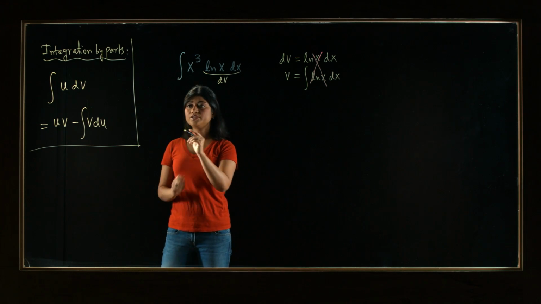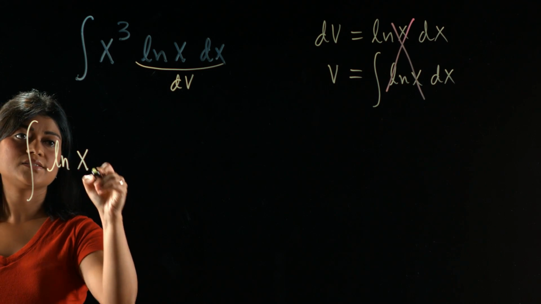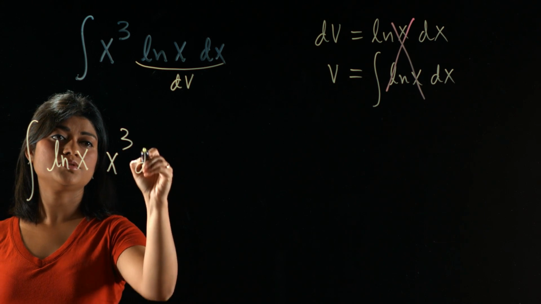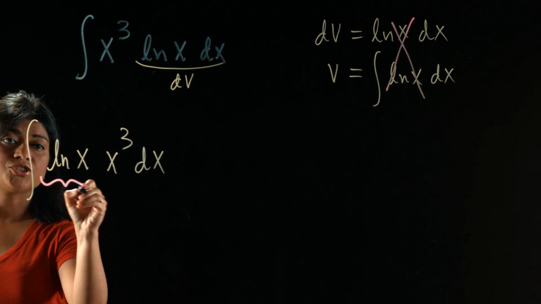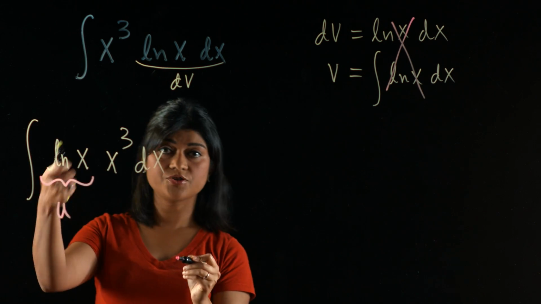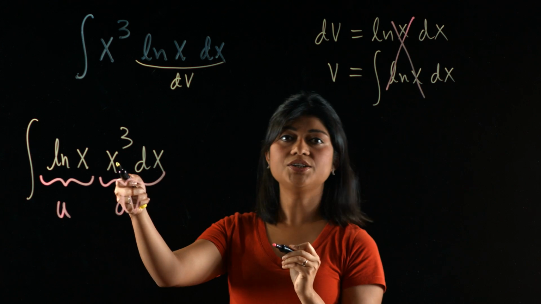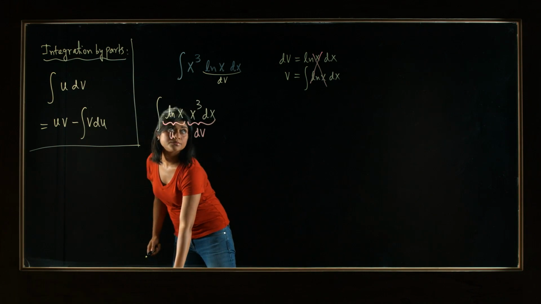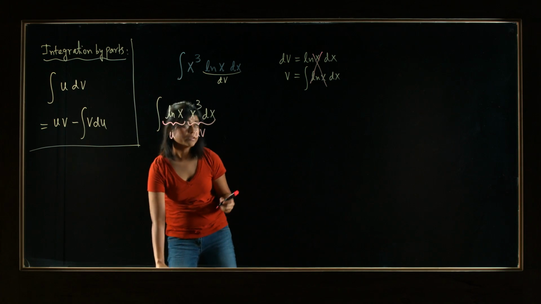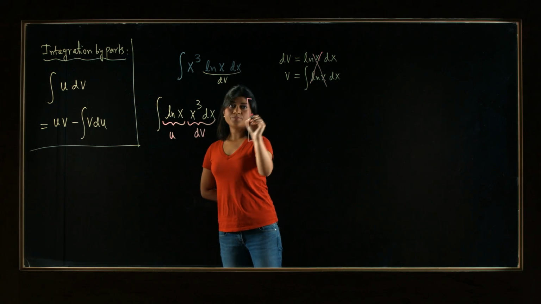So the best way to do it is rewrite this integral as ln of x times x cubed dx. And then choose natural log to be u, because you can differentiate natural log, and the remaining dv, because you can integrate x cubed. X cubed is easy to integrate. All right. And let's write it down separately right here.